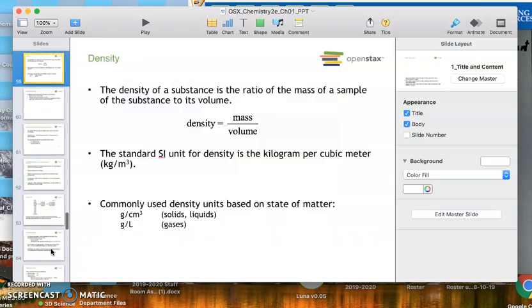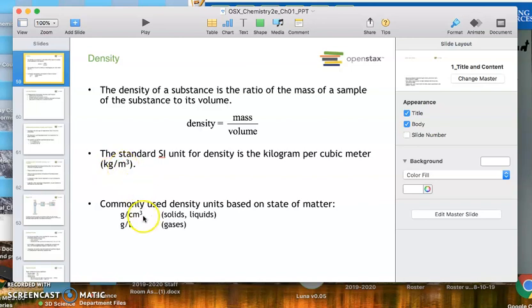All right, density is defined as the mass per unit volume. And so the standard units for density for the SI system is mass in kilograms, volume in cubic meters. But in chemistry, normally kilogram, like I said earlier, is a very large unit. We normally use grams when we're representing mass, and meter is a very long distance as well.